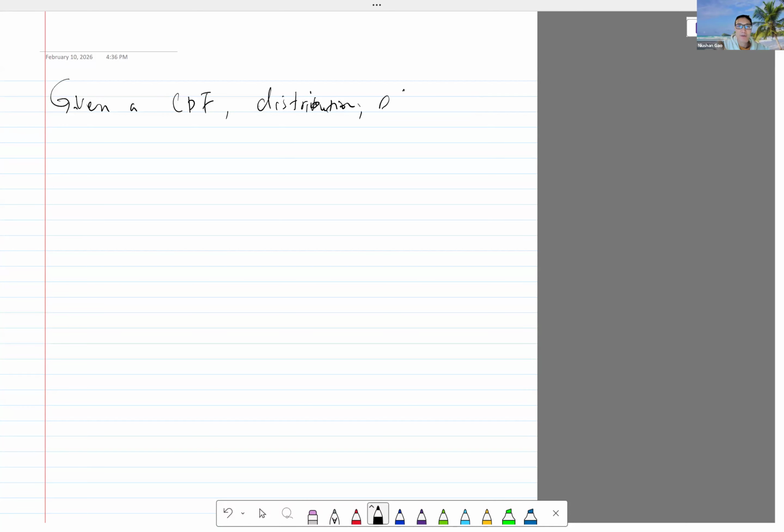For example, a normal distribution: how do you estimate this? You have data, x1 to xn, and n can be large. Okay, simulate.